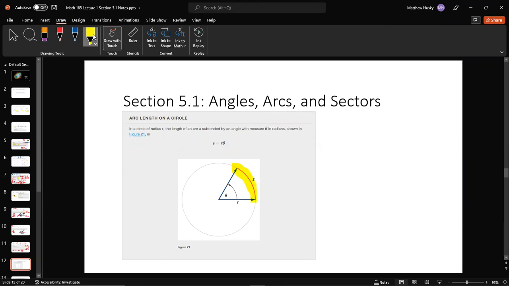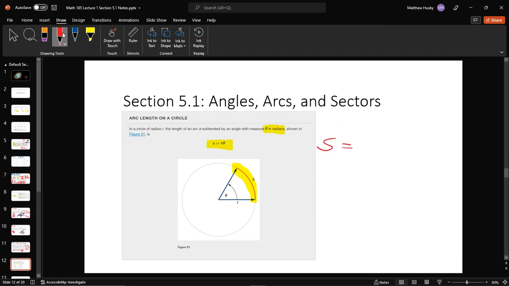They're calling it S. And the length of an arc S subtended by an angle with a measure of theta in radians is going to be given by this formula. So we'll write it a little bigger here.